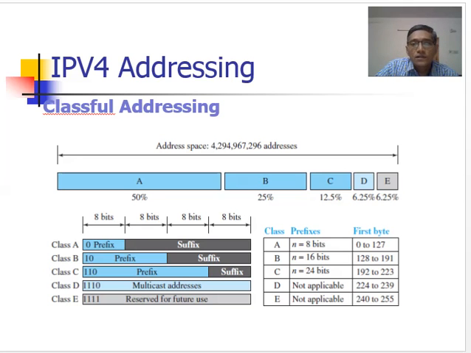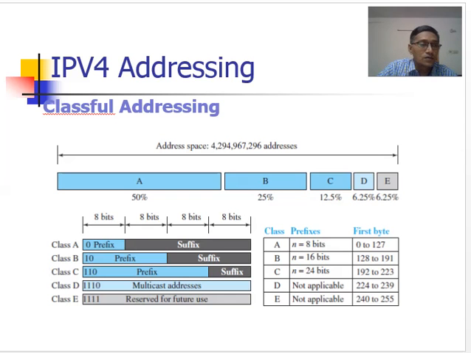So as I told, the total address space is 4 billion, 32 bits, 2 power 32. In class A, the first 8 bits are going to identify the network. In that, the first bit is 0. The remaining 7 bits are used for the network part. So we have the range of networks from 0 to 127.